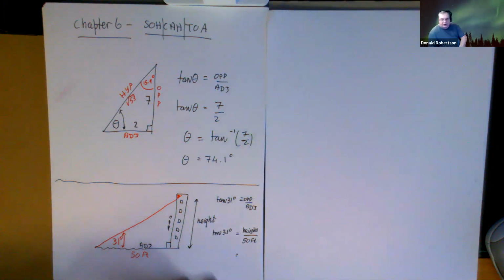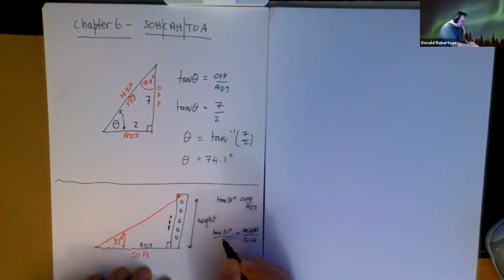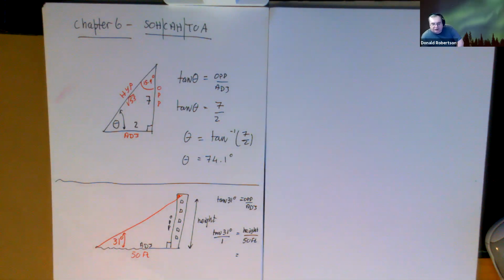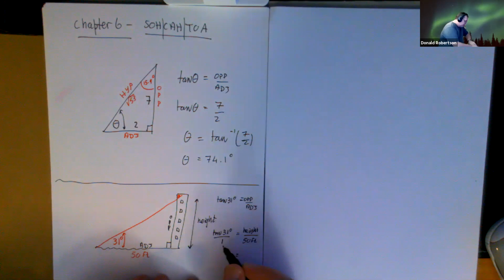And now we have to figure out how we're going to find the missing height. Almost every one of these SOHCAHTOA questions will look like this. You put in a little over 1, and the reason I do that is because what's going to happen next? Can you see what's going to happen next? You're going to multiply each other, cross multiply. Right, cross multiply.